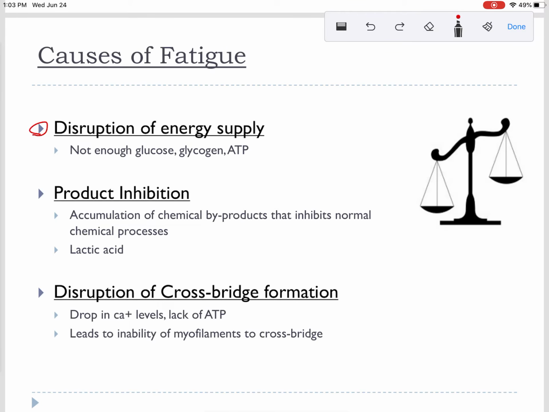But there's been research coming out that shows we have so much glycogen in our muscles. You have enough glycogen to run 20 miles. But if I ask each of you to run 20 miles, you may not be able to do it naturally. And it's not that you don't have enough potential energy there. You have glycogen. It's just that you're not able to utilize it in a certain way.